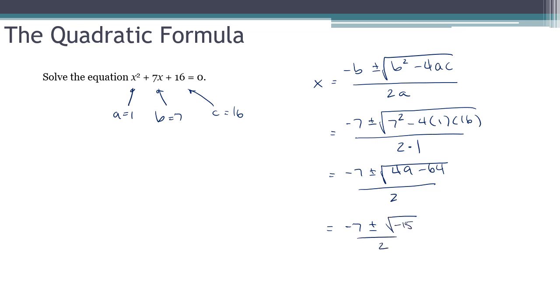And this negative 15, this is negative 7 plus or minus the square root of negative 1 times 15 over 2, which is negative 7 plus or minus i times the square root of 15 over 2.